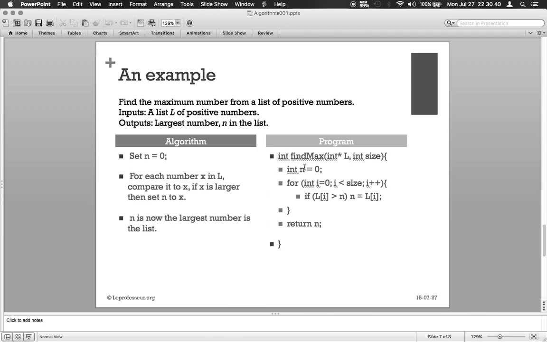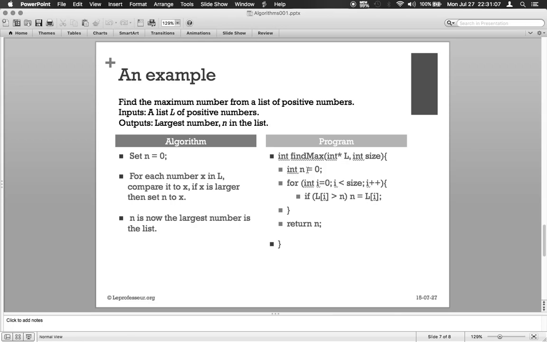This is a simple C++ implementation where this function findMax takes a list as an input and the size of the list. For simplicity, it takes the size of the list, but if we want to make it more complex, we can determine the size of the list within the program itself. But here, we provide the size of the list as an input.